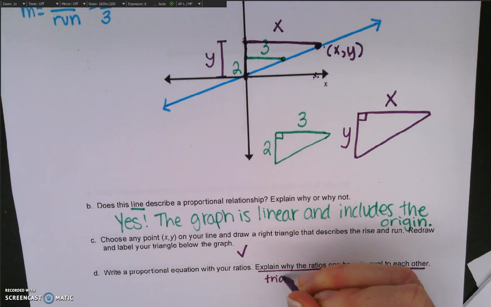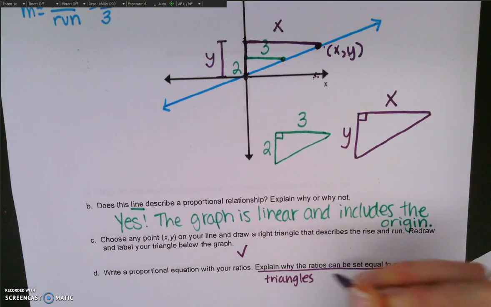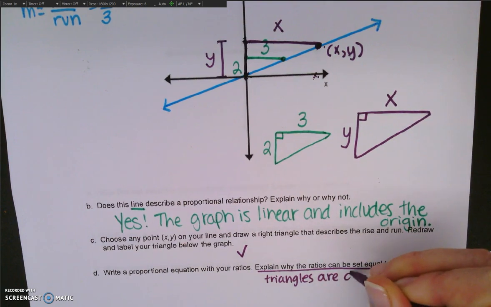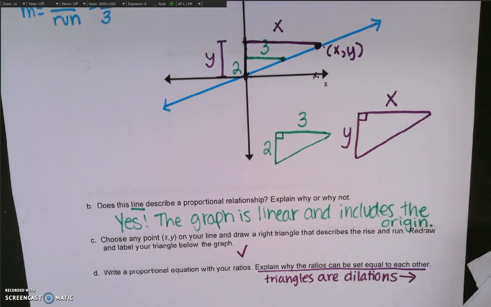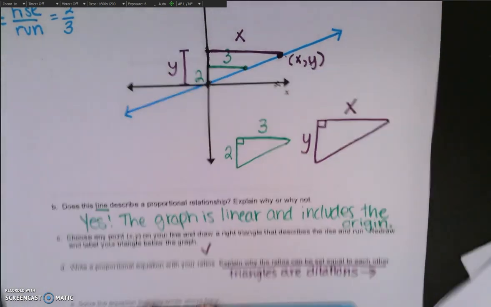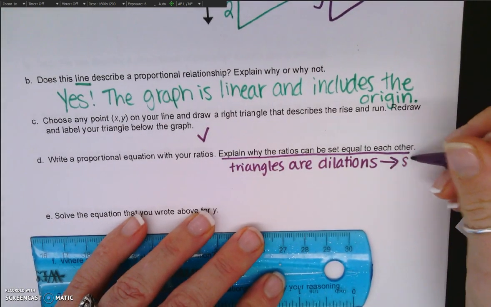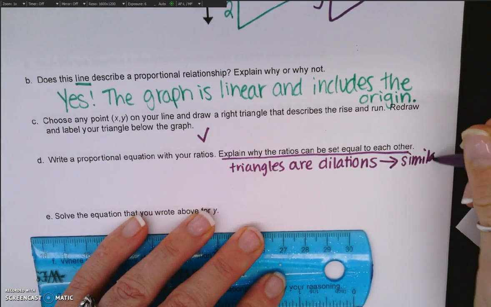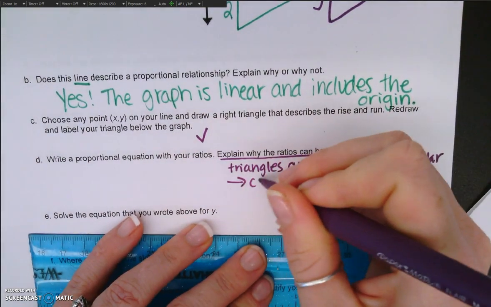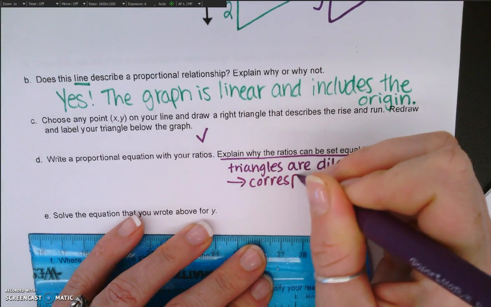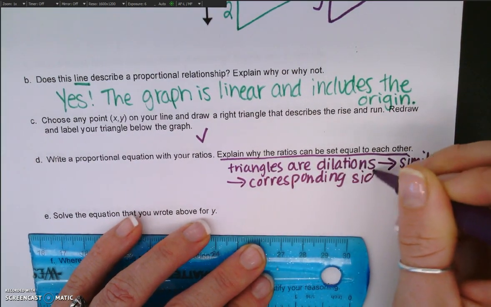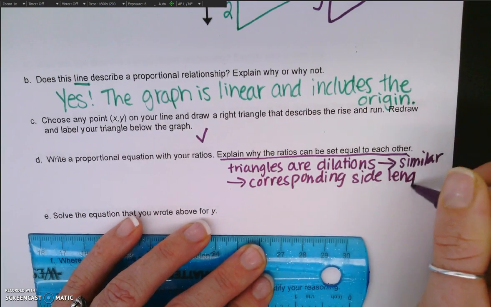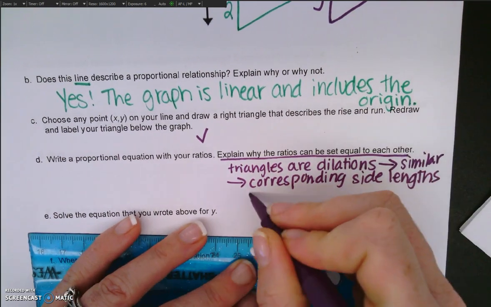Triangles are dilations, which means they are similar, which means that corresponding side lengths are proportional.